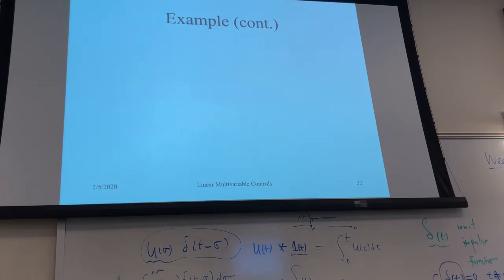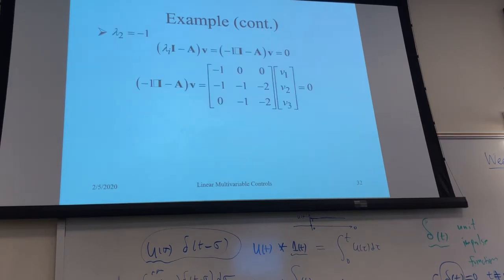Then lambda 2 is minus 1, so you can repeat. Again, this is a rank 2 problem, because this column and this column are linearly dependent, proportional. So arbitrarily set V3 as 1.